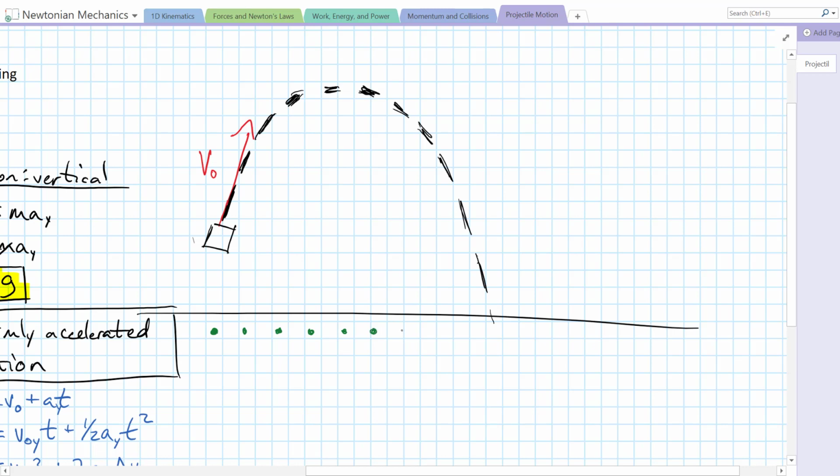So we're going to get something like this in the x direction. Should be perfectly equally spaced, but maybe a little bit off. And in the vertical direction, we have uniformly accelerated motion, so we're going to get a parabola. I'm going to draw it over here. Our position is going to increase. First, it's going to be a high speed, then it's gradually going to get lower and lower and lower over time.